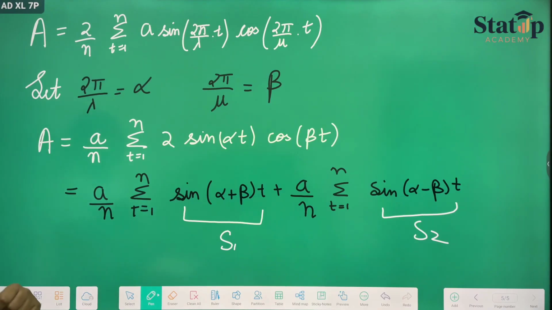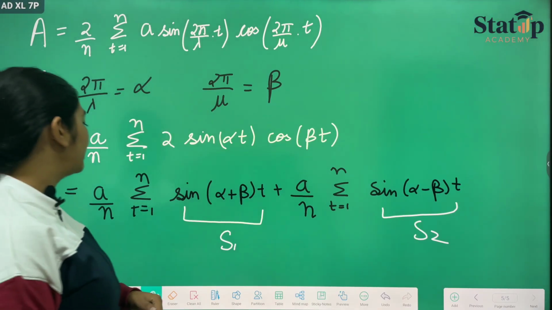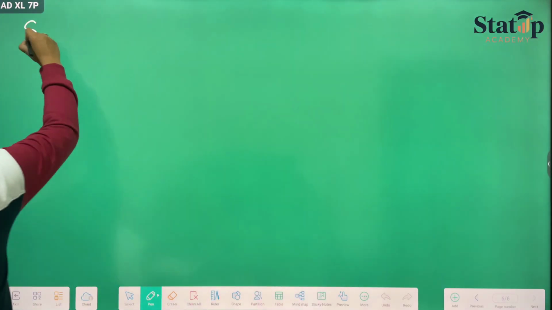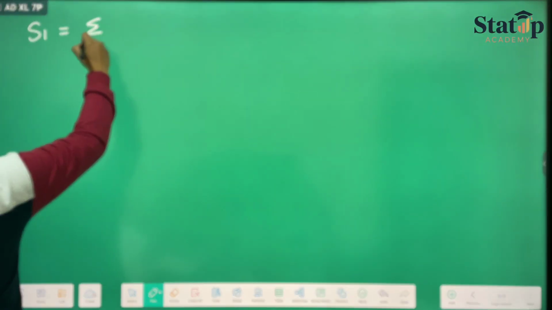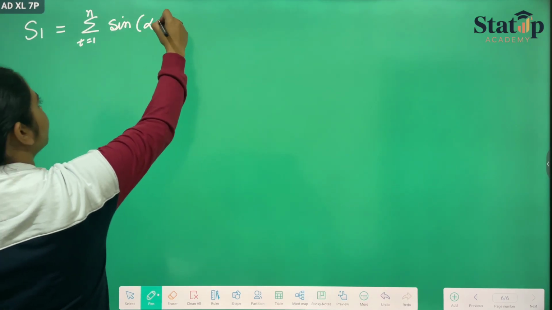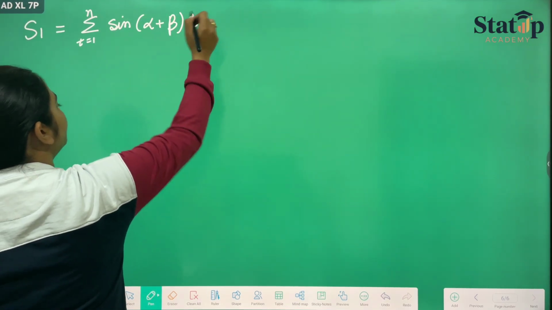So the summation of (alpha plus beta) into t can be taken as S1. S1 is summation t goes from 1 to n sine (alpha plus beta) into t.